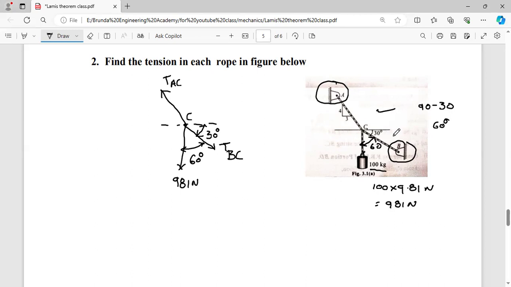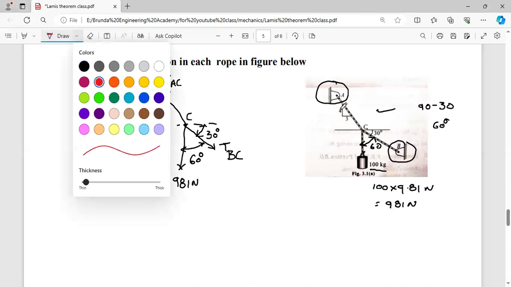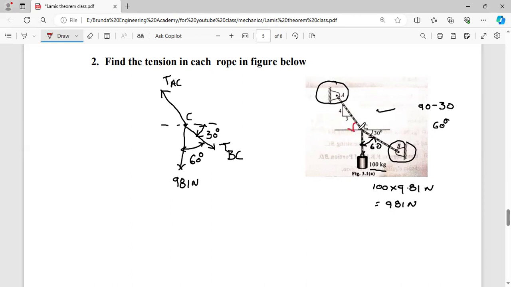Now what about the remaining angle? Here the hint is 4/3. I am changing the color for your easy understanding. Suppose we want to calculate this angle theta. Here it is the opposite side 4 and adjacent side 3.